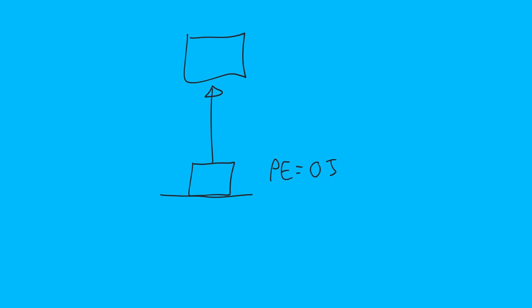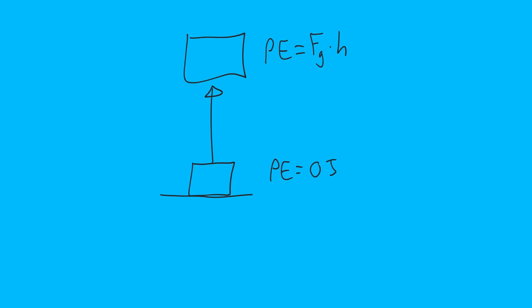Now, once it's lifted up, it's going to have been moved against gravity and has the potential to fall. So its value is going to be something. Specifically, it's going to be the force of gravity times the height it was raised. Now I'm going to use h instead of just a regular distance d because we want the force and the displacement to be in the same direction.